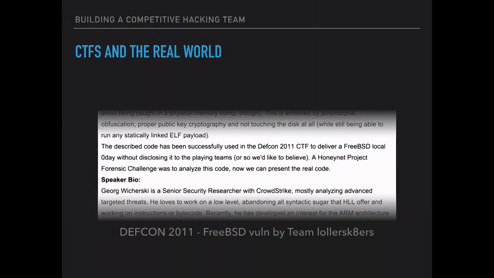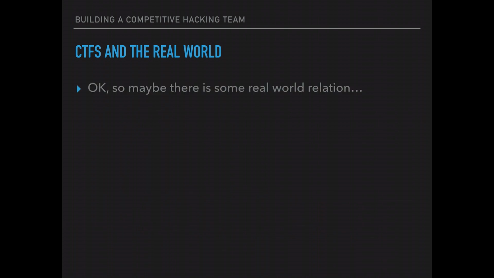The year before that, at Defcon, there was a team that found a local privilege escalation bug in FreeBSD. So, yes, there's probably some real-world relationships between CTF problems and the security challenges that we actually do.